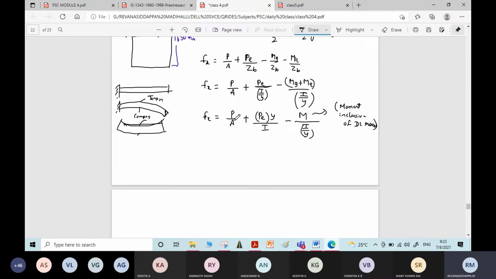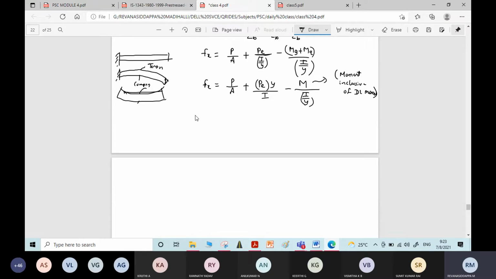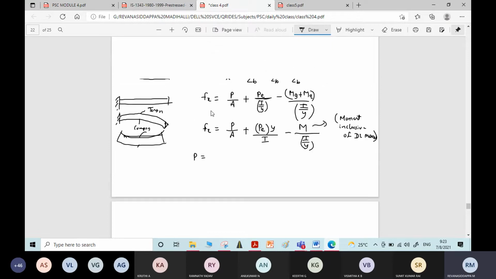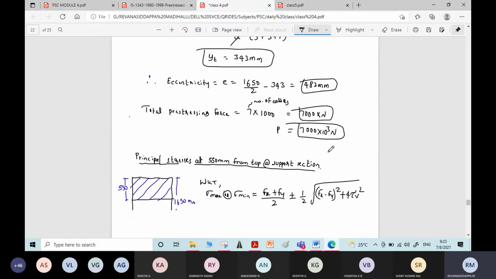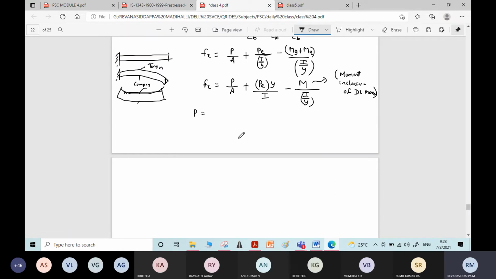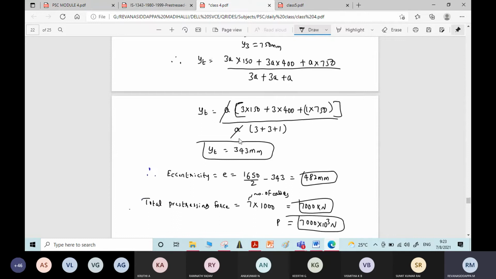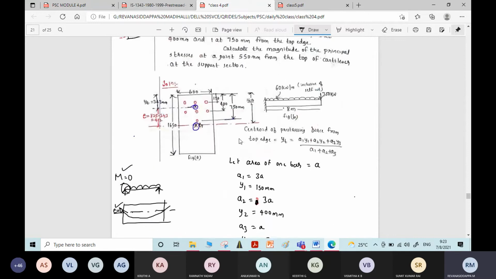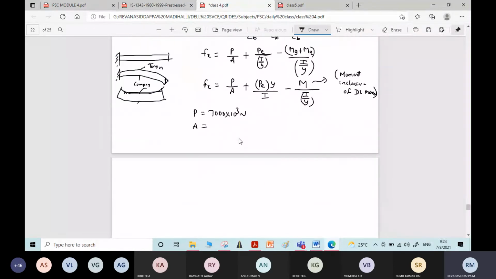Now the pre-stressing force P is known, then the area of cross section is known. You find one by one. Pre-stressing force P, we have just calculated, there are 7 cables carrying 1000 kilonewton each. 7000 kilonewton is the pre-stressing force, write it as 7000 into 10 power 3 Newton. Then the area of cross section: the width is 600 and depth is 1650, so 600 into 1650 is the area.